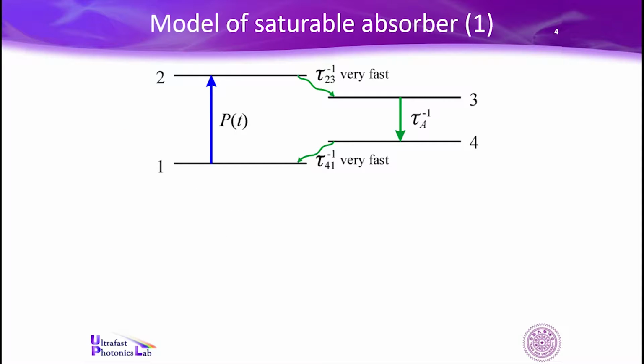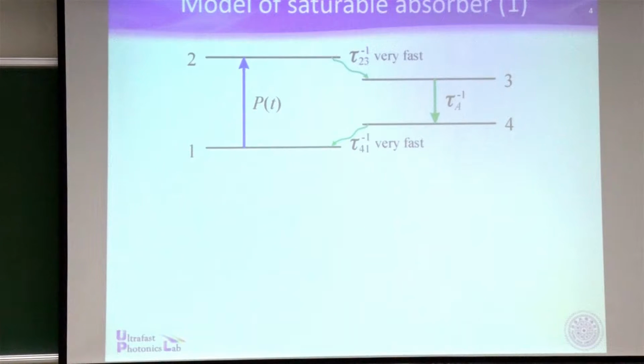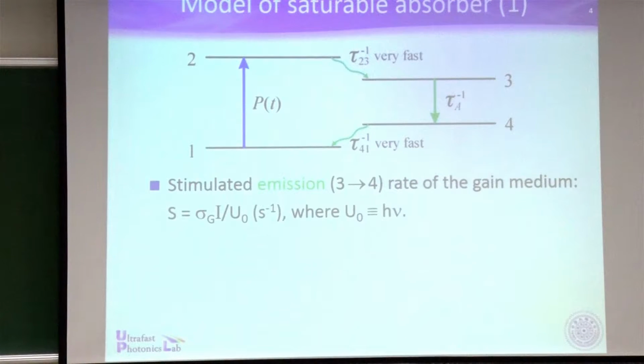From this slide, you can easily identify this is the well-known 4-level model we have used in lesson 1. Level 1 is the ground state. Level 2 is here. Level 3, level 4. This is the well-known 4-level system. We have seen this formula before.